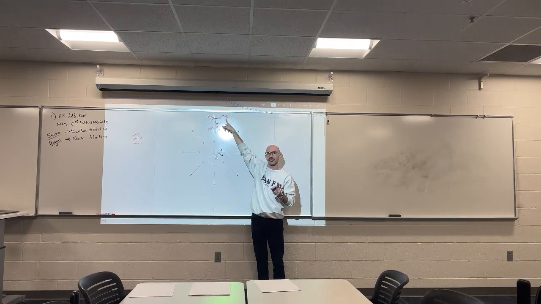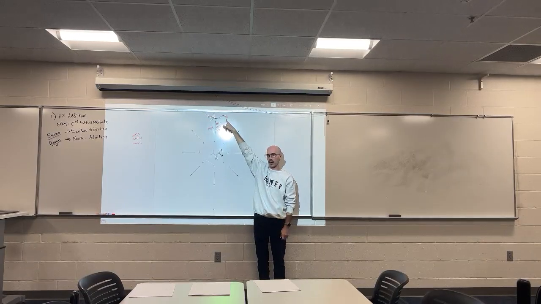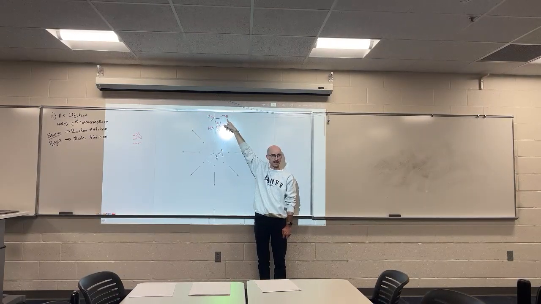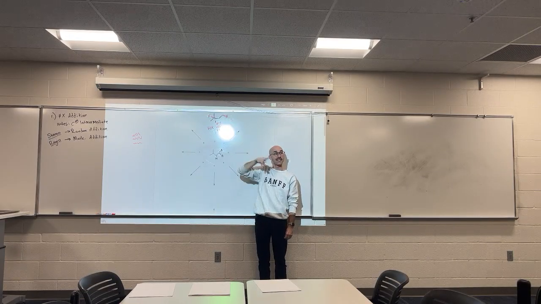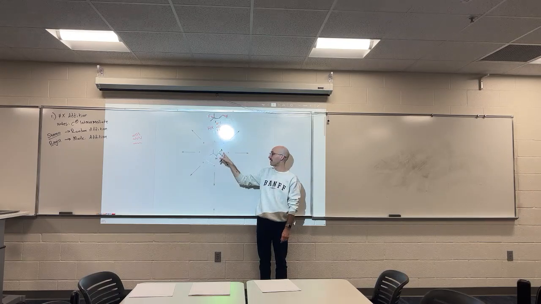Why did the hydrogen add to the carbon with more hydrogen? Stability of what? The hydrogen? Not the stability of the halogen inherently, no. There is a partial negative on this side of the alkene.